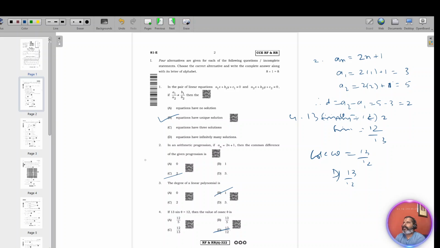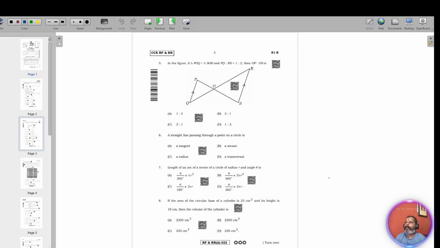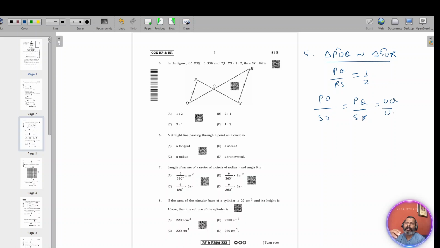Okay, we'll move to the next one. In the figure, POQ and SOR are similar, right? We just write that triangle POQ is similar to triangle SOR, and what is given? PQ by RS is 1 by 2. OP by OS is asked. So when the triangles are similar, just write the three corresponding ratios: PO by SO, then PQ by SR, OQ by OR.